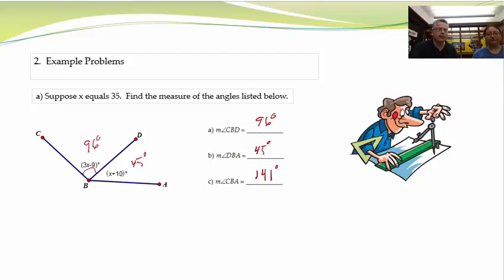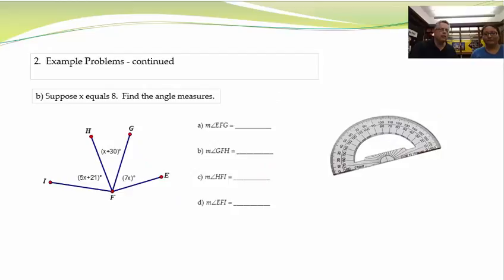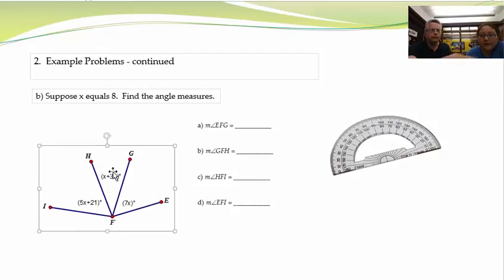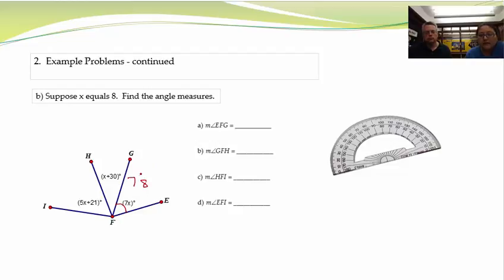All right, let's do another example here. We have to find the angle EFG. EFG, that would be 7 times 8, which is 56. Angle GFH, that is 8 plus 30, that would be 38.